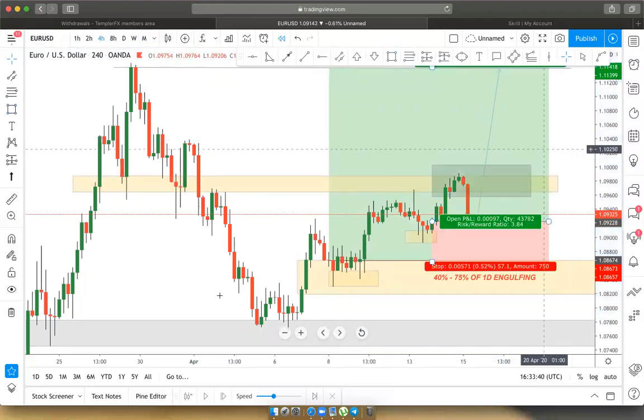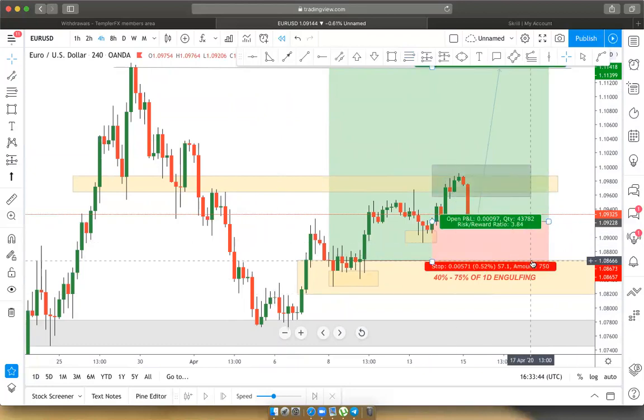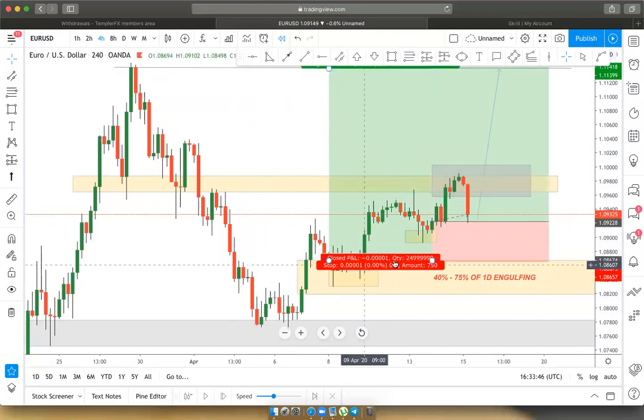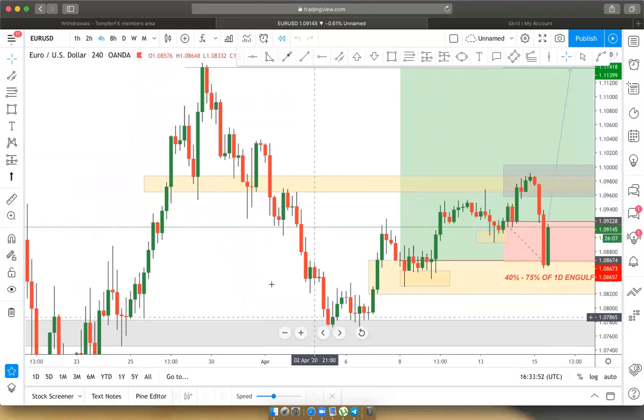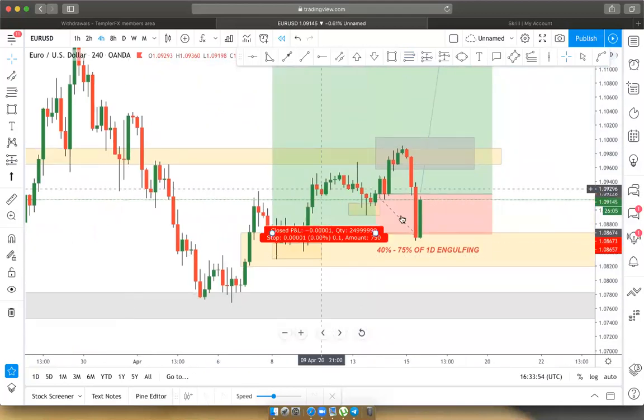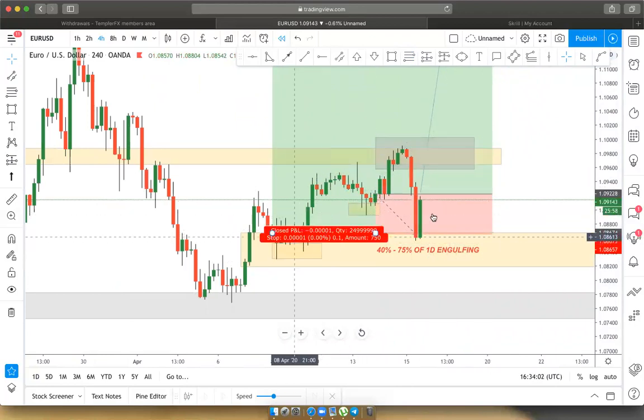So the result, because this is our second entry, our stop loss was here, and for the first entry, our break even was here. So what's happening? The market came all the way down and hit our stop loss for the second entry, and hit our break even for the first entry.